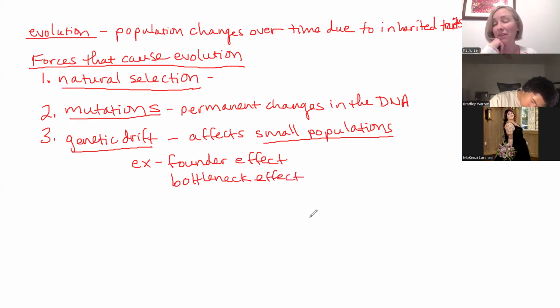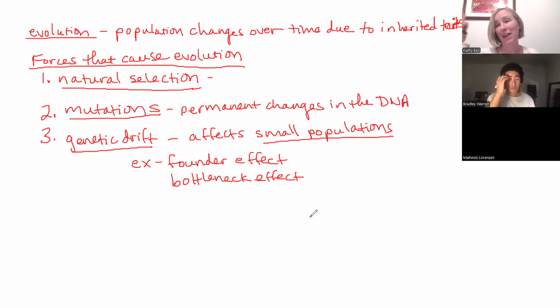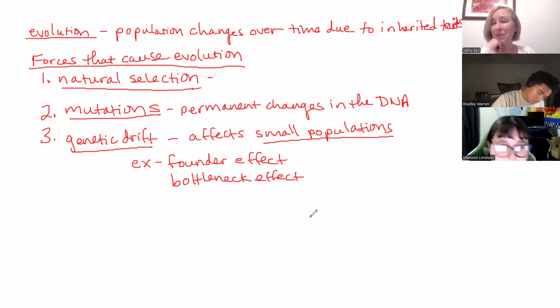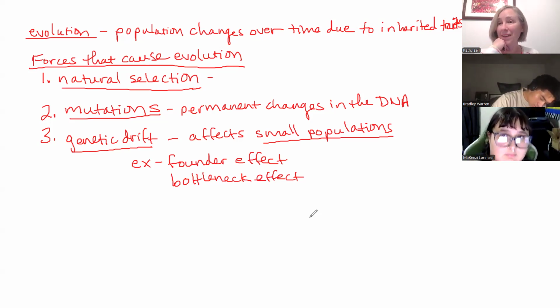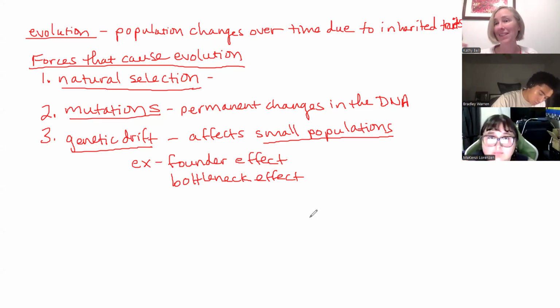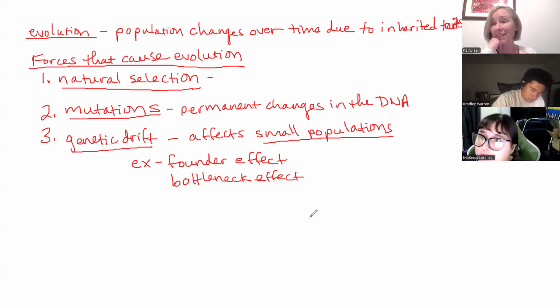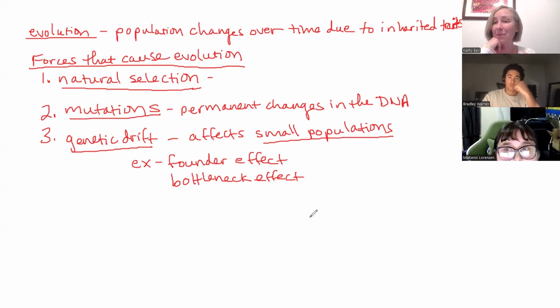The founder effect is when a small group of individuals leave the main group and go somewhere else. Like we talked about the Amish that settled in America, a small group of people, and some of them were carrying the gene for polydactylism, extra fingers and toes. That became established in the Amish population here in the US.